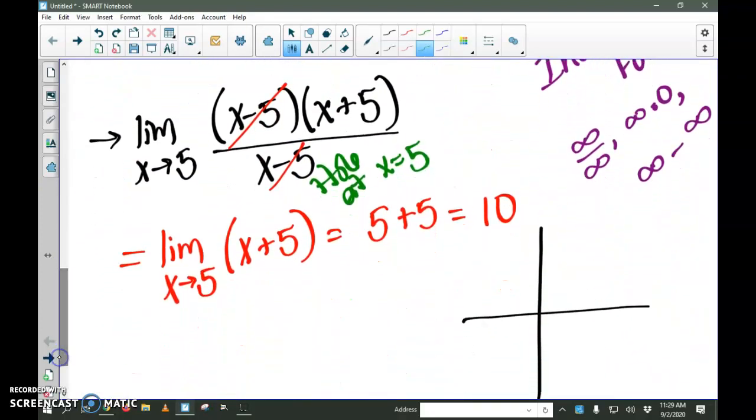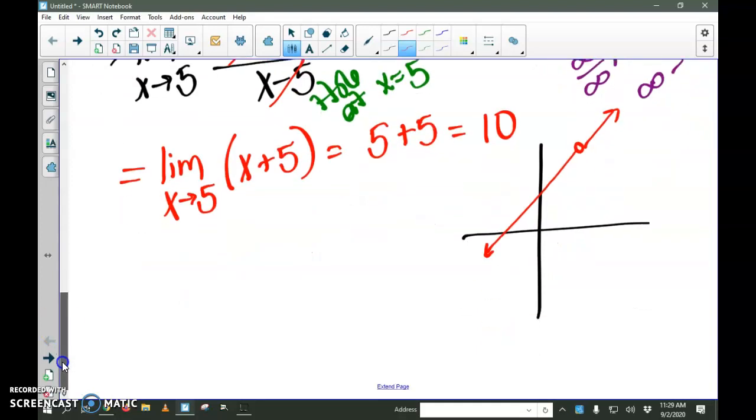But because I have a common expression in the top and the bottom, that expression that gets divided out means that there is a hole that exists at x equals 5. So what actually happens is I have this function right here, I have a hole at x equals 5, and I continue on my way. And so the y value that I approach on either side is 10. Once I divide out that common factor, I can then algebraically determine what that limit is going to be.